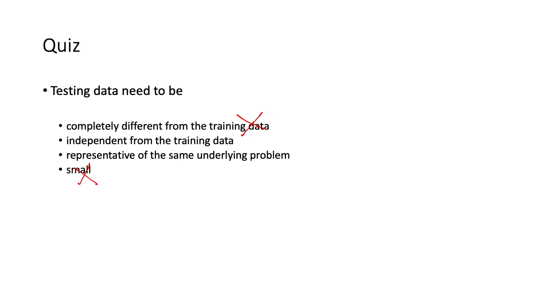It has to be independent, yes. We should never mix the training and testing data, as we said before, and it has to be representative of the same problem. You cannot train a model to predict cancer, but test it to predict a different disease, okay?